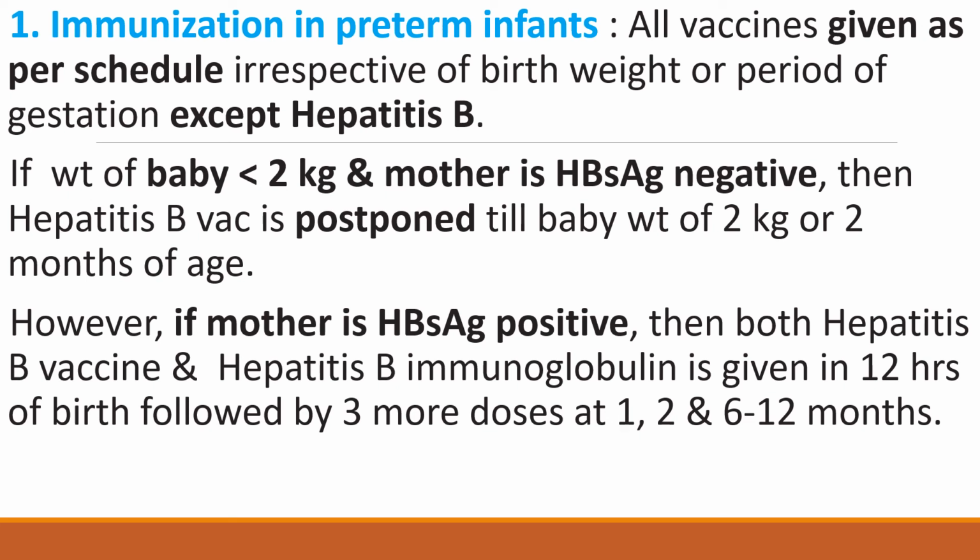So you give both hepatitis B vaccine and hepatitis B immunoglobulin at different sites and then complete the series.